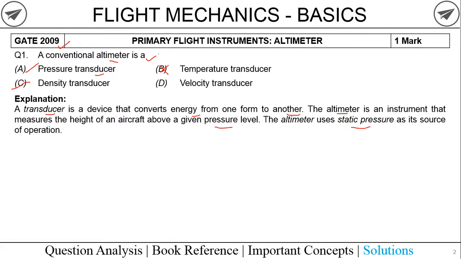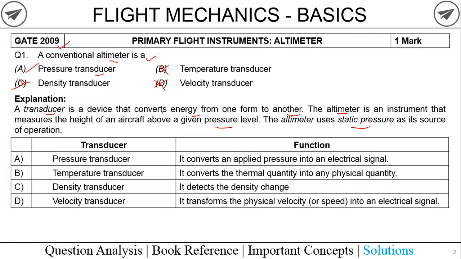For this purpose, let's see the purpose of the other instruments too. The pressure transducer converts the applied pressure into an electrical signal, and similarly temperature, density, and velocity transducers translate their properties, temperature, density, and velocity, into another form of signal, and majorly it will be an electrical signal, as most of the instruments are electronic.